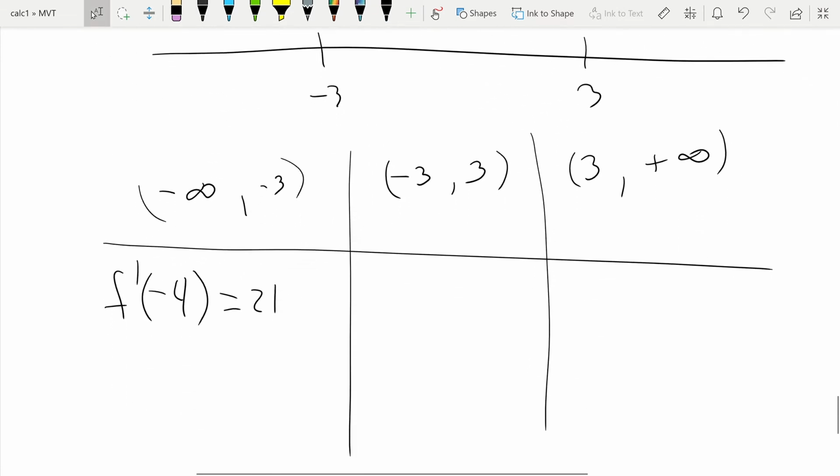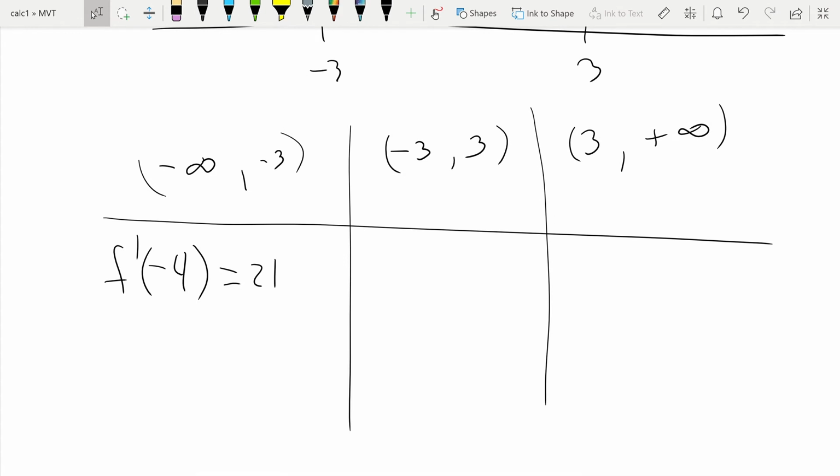So that's going to give you 21, and that means f prime is positive in this interval.